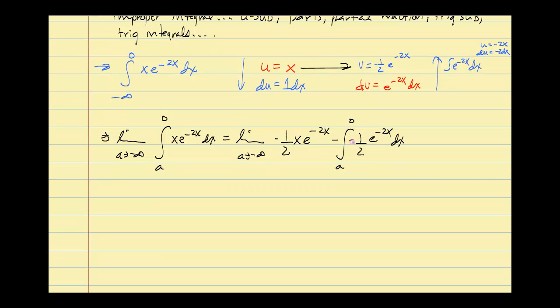Now this is the piece I need to integrate next, so dragging everything along: the limit as a approaches negative infinity of negative 1/2 x e to the negative 2x.